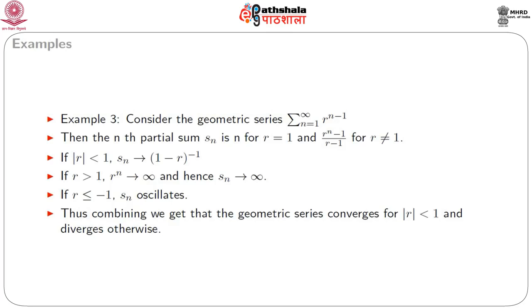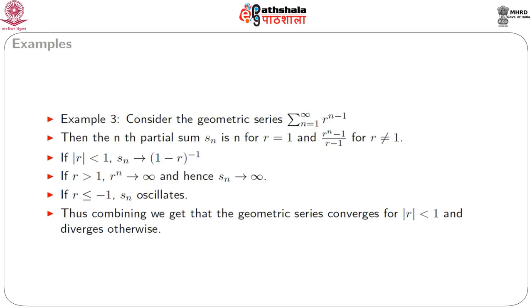Next, consider the famous geometric series, that is, summation n from 1 to infinity of r^(n-1). Then the nth partial sum Sn is n whenever r equals 1, and it is (r^n - 1) divided by (r - 1) for r not equal to 1.